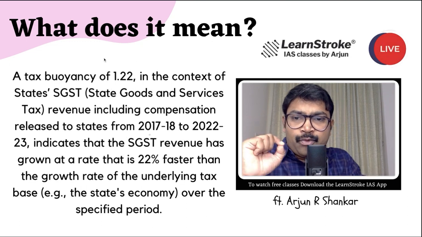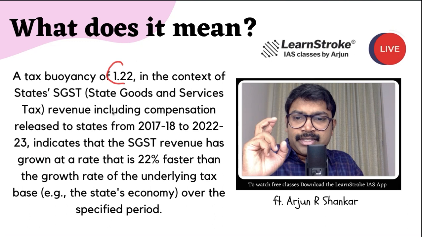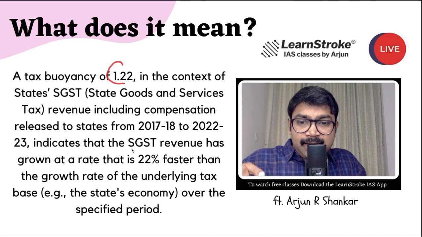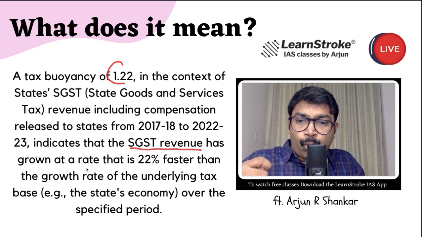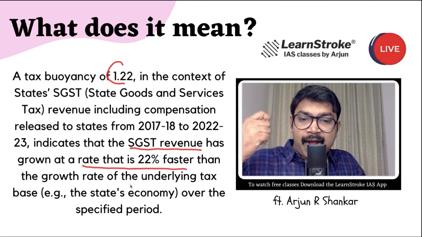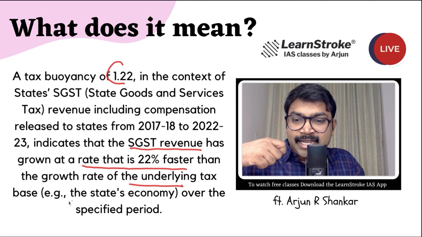The tax buoyancy of 1.22 in the context of state goods and service tax, including compensation related to states, indicates that the state GST revenue has grown at a rate that is 22% faster than the growth of the underlying tax base or the state economy.